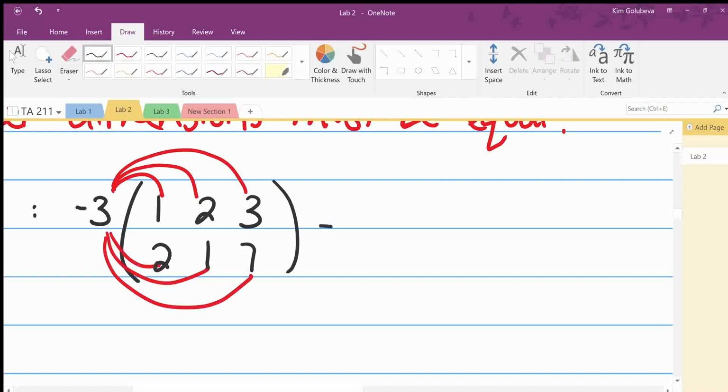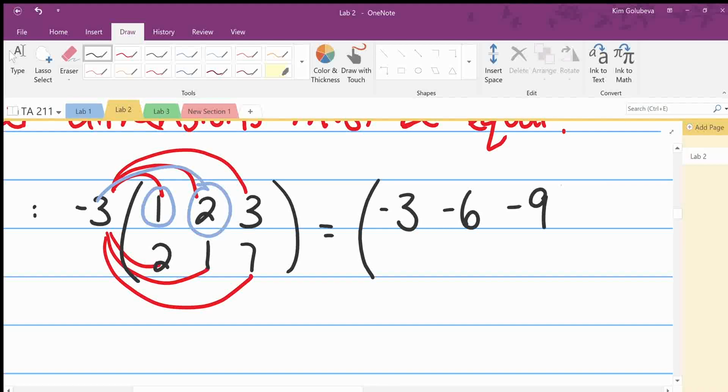In this case, we'll do the first entry together. This entry will be -3 times 1, which is -3. Then our second entry is -3 times 2, so -6. Our third entry is going to be -9, and likewise we'll go through the other entries.